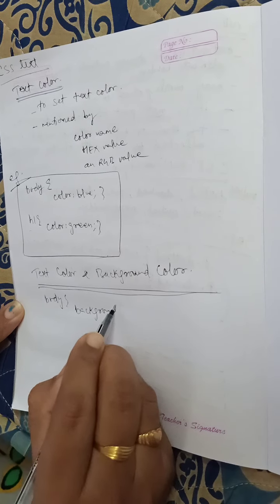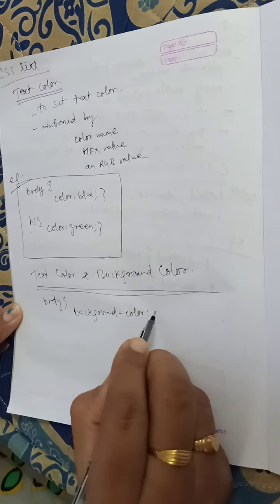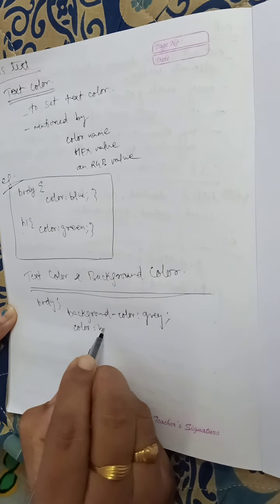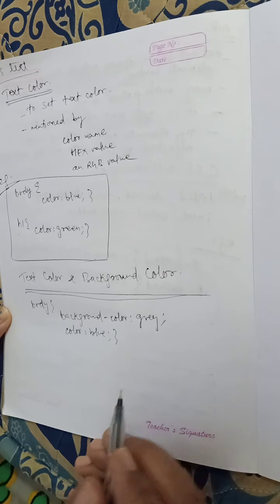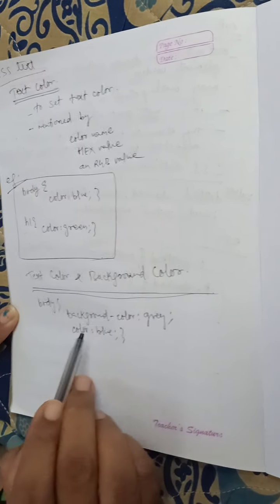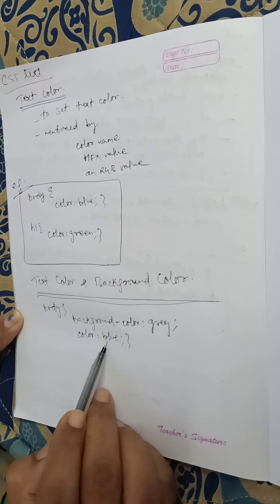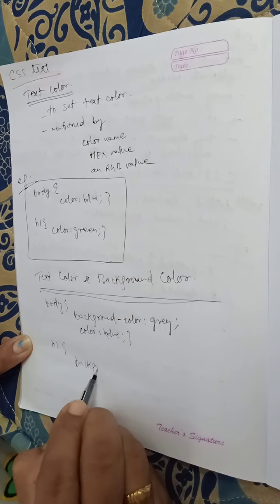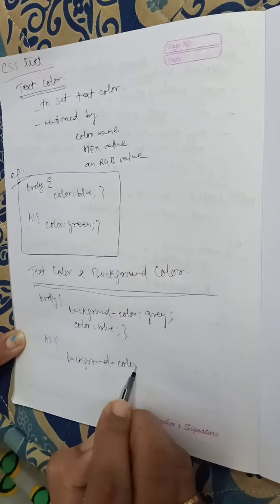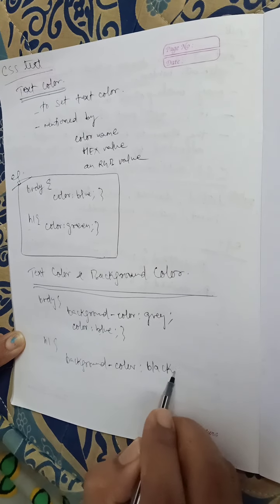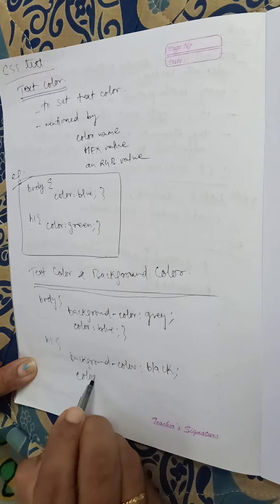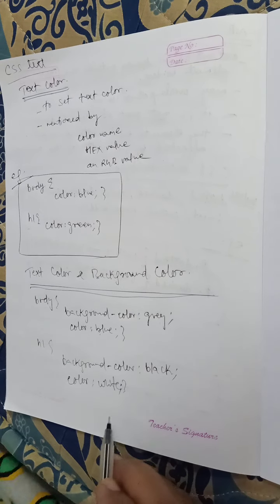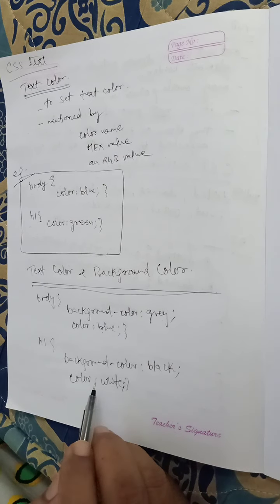So background color, suppose we are mentioning gray, and color we are mentioning blue. It is telling that in the body the background color will be gray, whatever is written will be blue. Okay, and if you are writing H1, we are writing suppose black, and we are giving the color as suppose white.